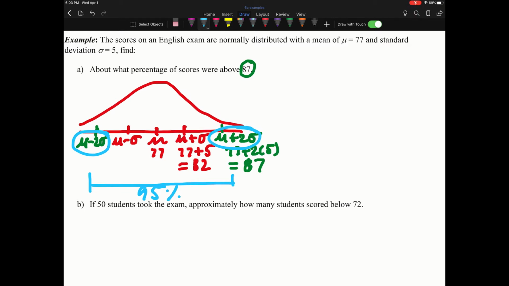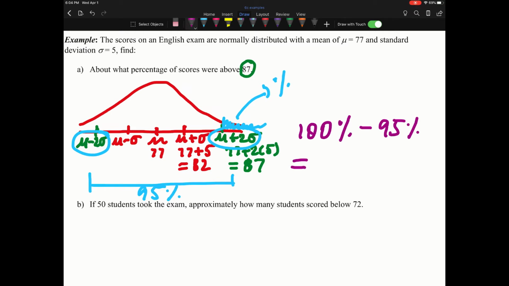Therefore, if I want to know how many of the scores were above 87, I have to look at this proportion right here. So to find that proportion, we have that under the normal curve, all the scores in this distribution correspond to 100%. So 100% minus 95% of all data values will be above and below 2 standard deviations from the mean.